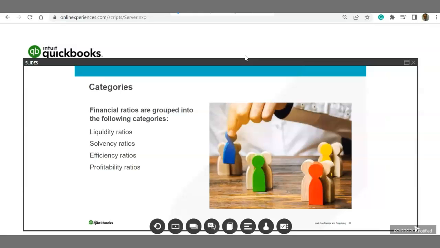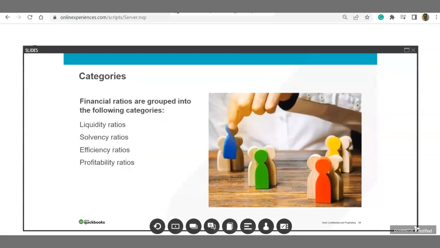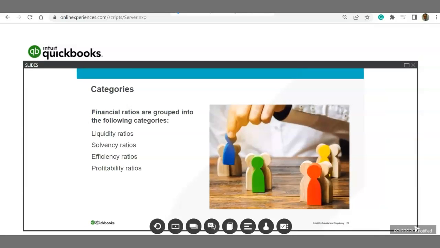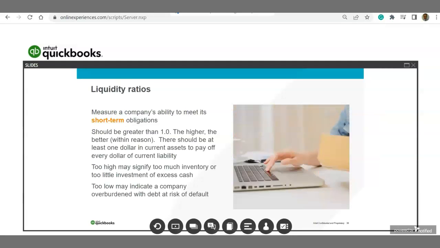The assets that are most easily converted to cash, to pay off every $1 of current liability. If that ratio is too high, it could signify that you have too much inventory, or too much cash that you could be investing.